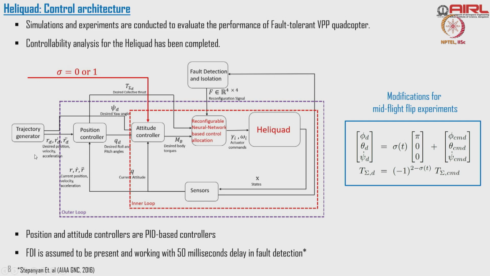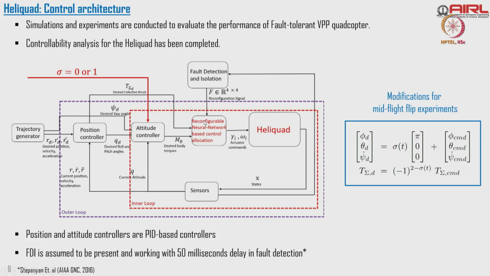Otherwise, it's a typical flight control architecture. I have a trajectory generator which generates my trajectory, and based on that I pass it on to my position controller, which takes a reference trajectory, and then this passes on to the attitude controller. The attitude controller sends to something called a reconfigurable neural network based control allocation matrix.